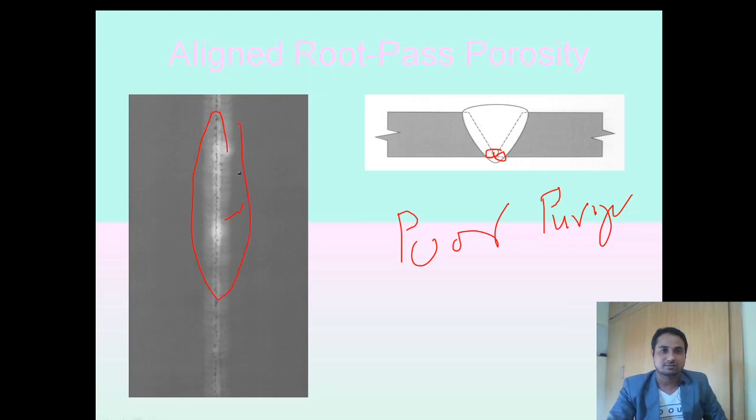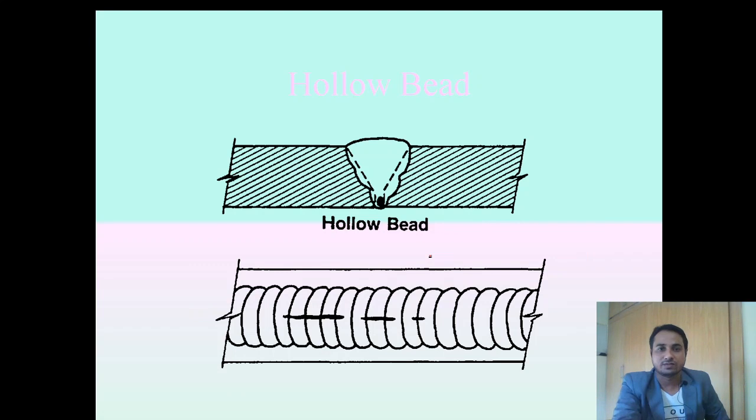See, very dangerous. In a pipe joint, it will look like this. Now hollow bead will look like this. Big lines, dotted lines. So these are the hollow beads at the root.